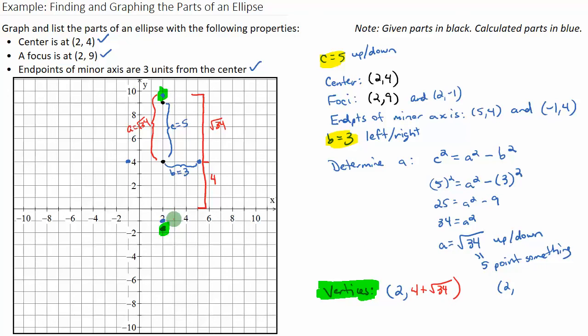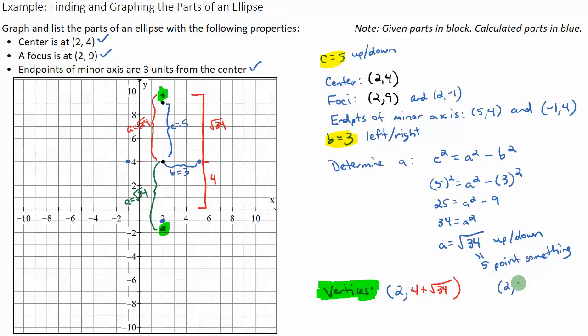Okay? Now let's find the vertex at the bottom. Again, let's draw in our a distance. Again, still the square root of 34. So how can I get this y coordinate? Well, I'm going to take 4, since that's my y value to start with, measuring from my center, and I'm going to subtract the square root of 34 to get me down here, because I'm going downward.